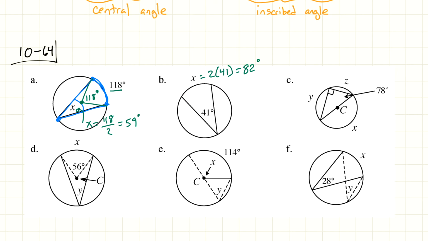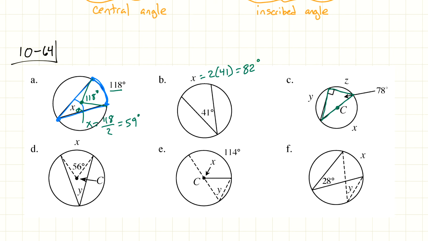All right, and then part C, you might notice there's a center point, and there's a line that goes through it, which we call the diameter. So we've actually cut this circle in half, and inside of that semicircle, there's a right triangle. We're possibly going to use some of that to help us.